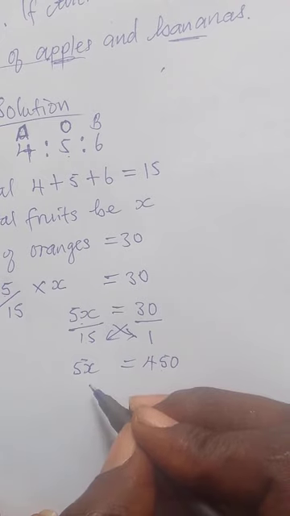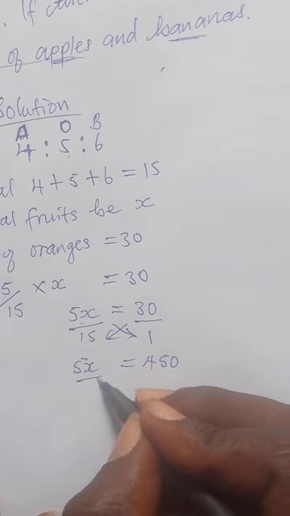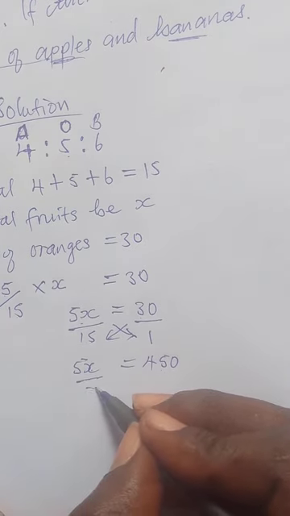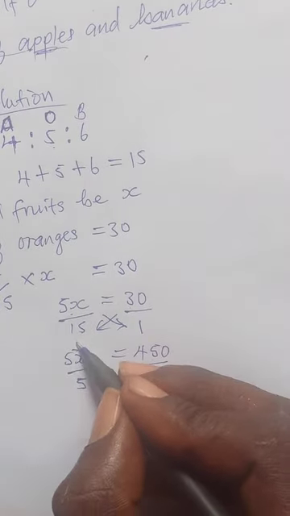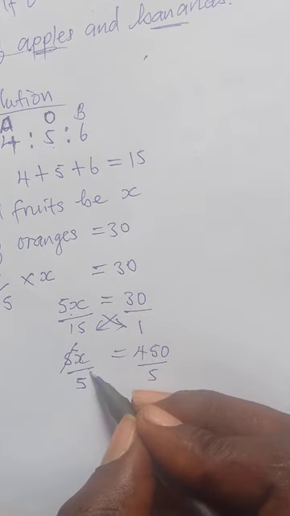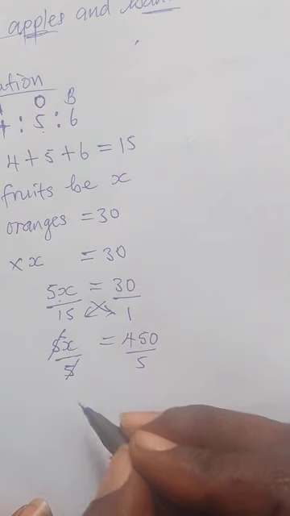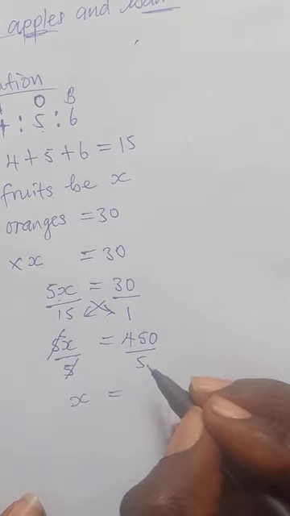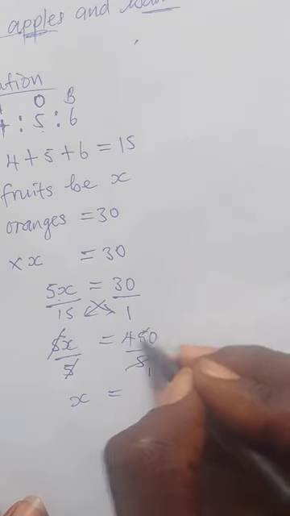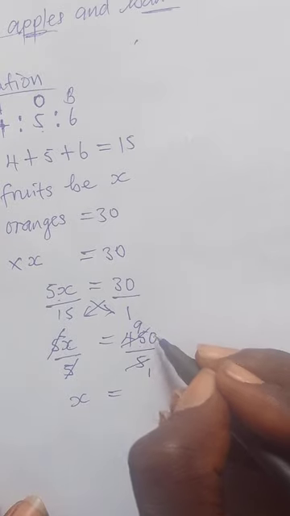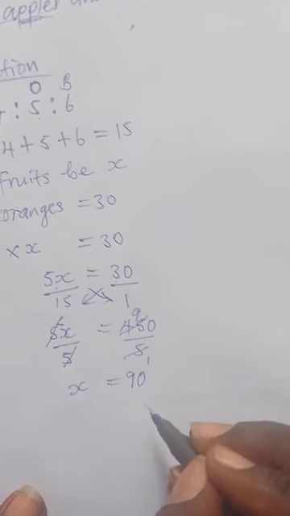So I now have 5x equals 450. If I want x, I should divide both sides by 5. So at this point, I will cancel 5 both at the top and the bottom, and I'm left with x. Then if I check how many 5s are in 45, I should get 9. So I'll get my 9 and I'll add my 0, which is 90.